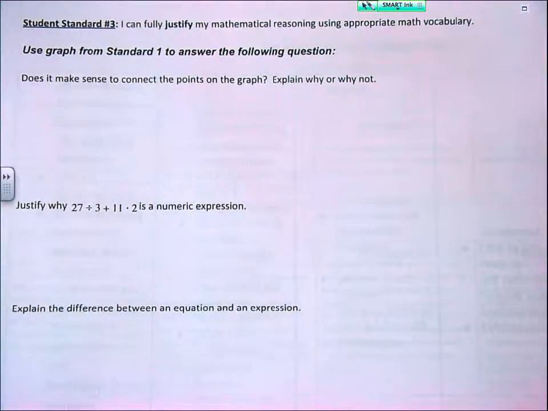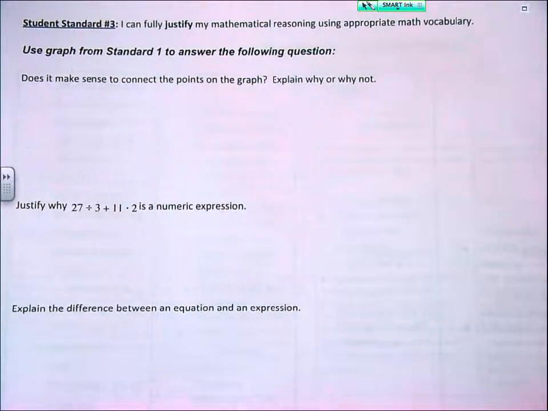The more details you add, the better chance you have of getting a higher score. Let me say that again. Using that vocabulary will help you, and adding more details will help you. That's how you're going to get closer to that 3 and that 4 range.